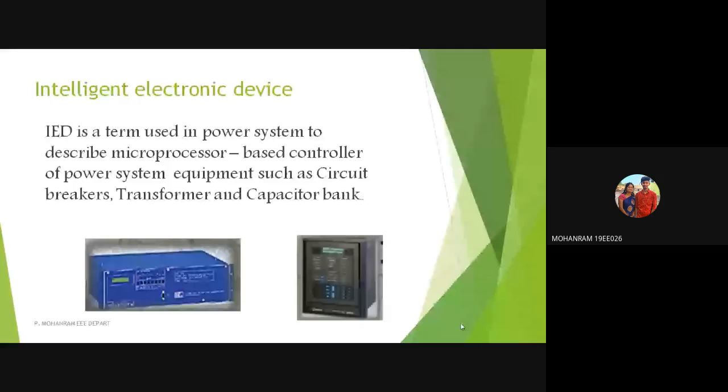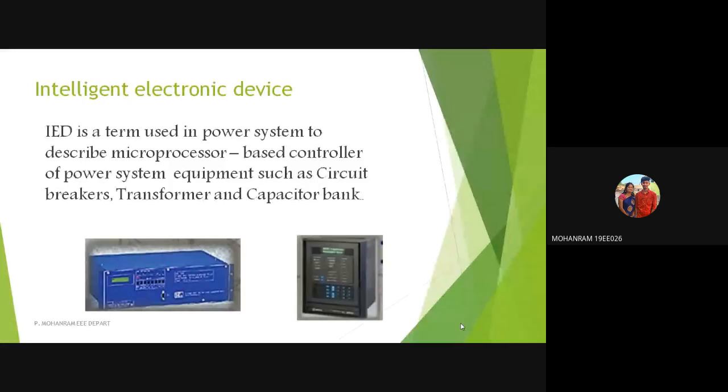See, an intelligent electronic device is also a microprocessor based controller. Already told you that an RTU is a microprocessor based controller, and an IED is also a microprocessor based controller. It receives data continuously from the sensors and the equipments involved in the process, so that from the data it can issue control commands if the voltage, current, and frequency cross the limits.